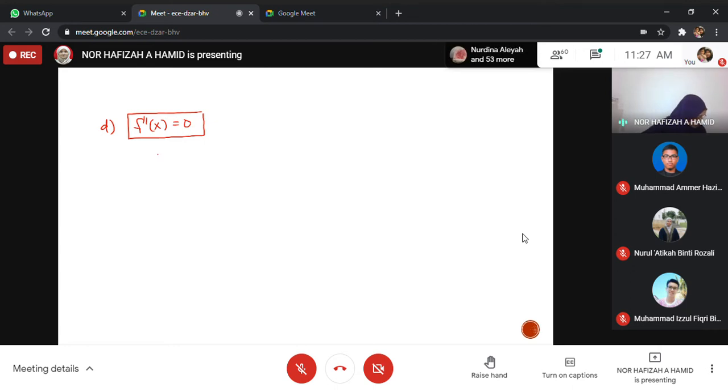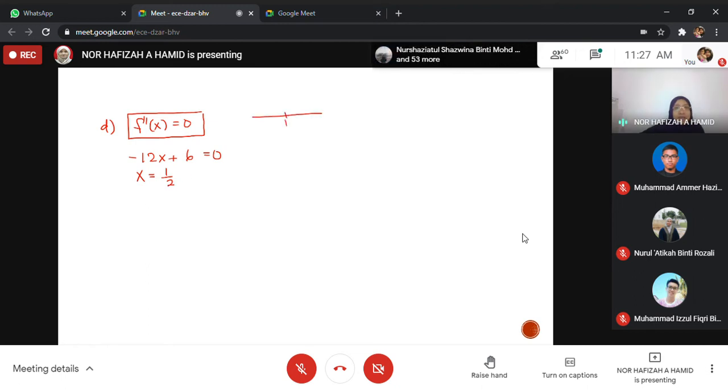Saya differentiate lagi sekali you punya function f(x). So you have negative 12x plus 6 equal to 0. Ni saya differentiate second time, negative 12x plus 6, and x is equal to 1/2. You boleh form sign diagram.